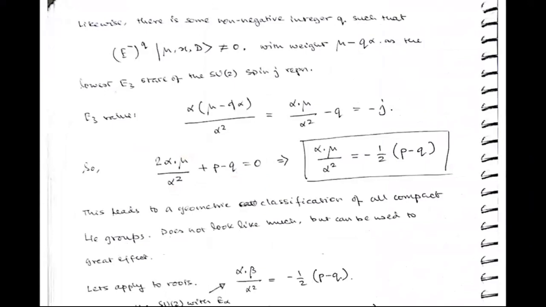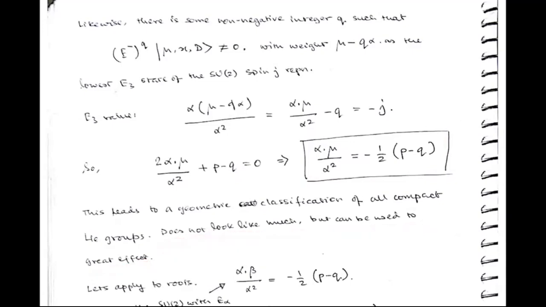This formula we can call the master formula, okay? As innocuous as it looks, it actually is very powerful. This can be very useful, and this is going to lead to a geometric classification of all compact Lie groups. As I said, it doesn't look like much, but it can be used to great effect.